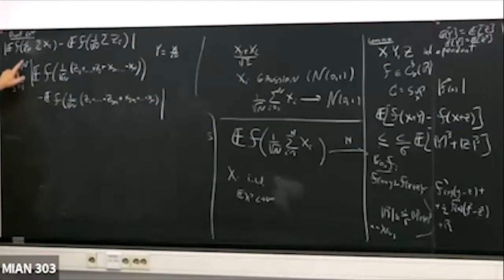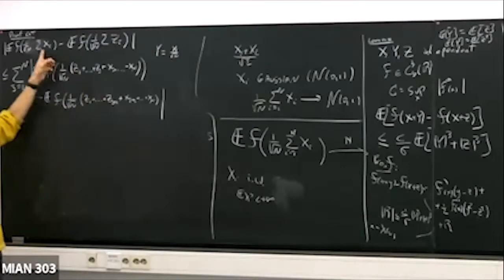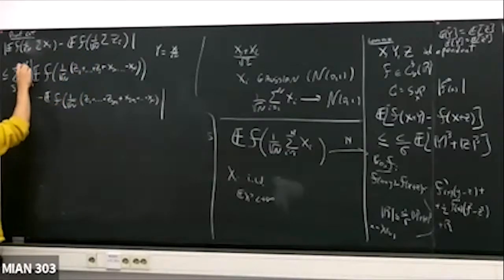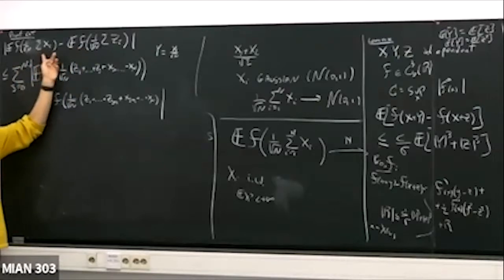Because if I remove the absolute values, every time I just replace one j with the next, so j should start from 0 to n minus 1. It's like I write this sum every time changing only one variable x to one variable z.